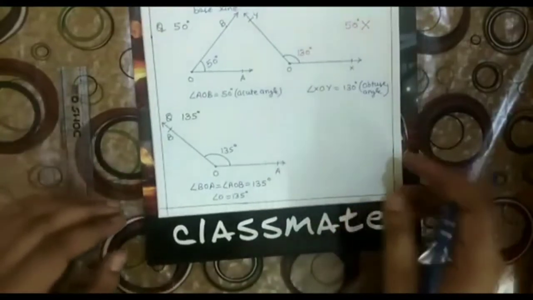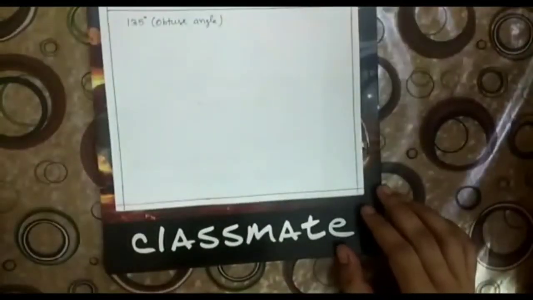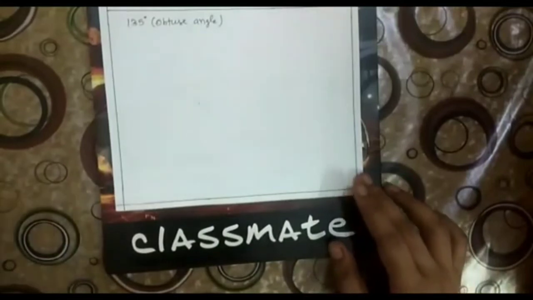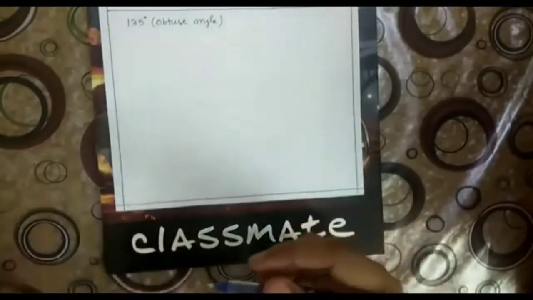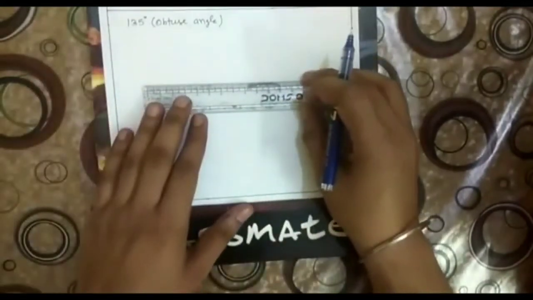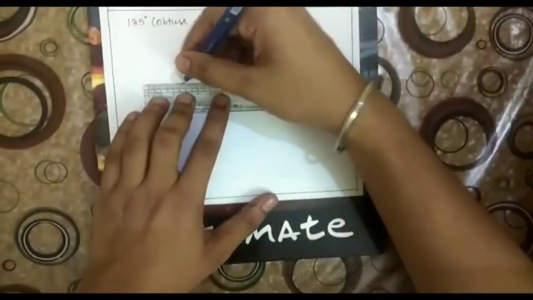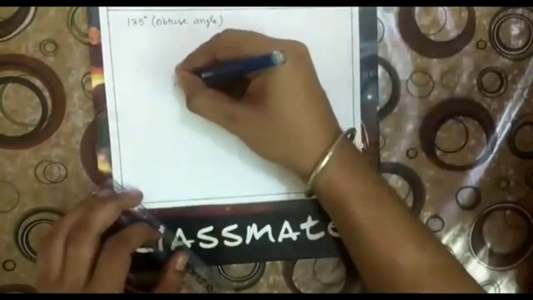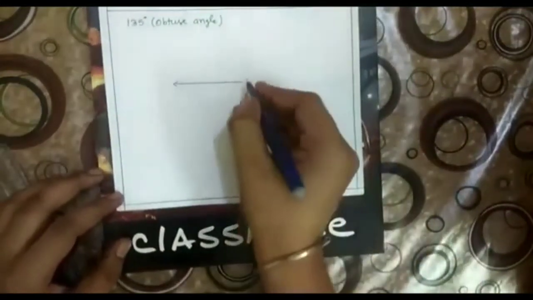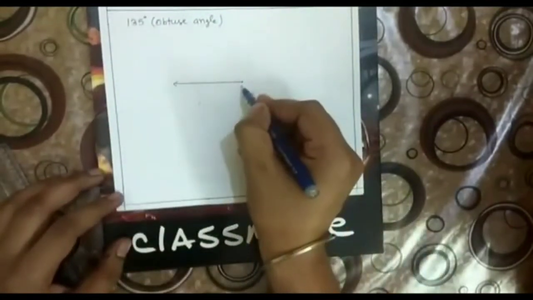Now we can draw the 135 degree angle, which is an obtuse angle, to the right side also, like this. If we have a base ray like this, the arrowhead is on the left hand side and the starting point or end point O on the right hand side.